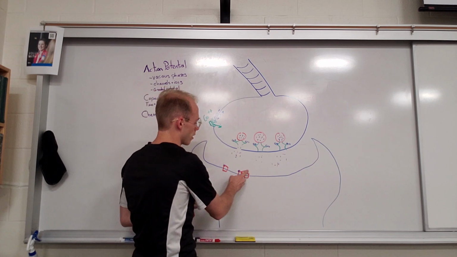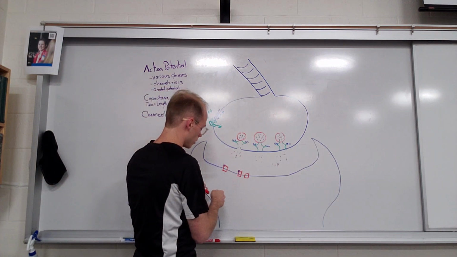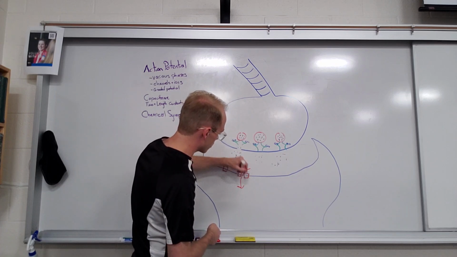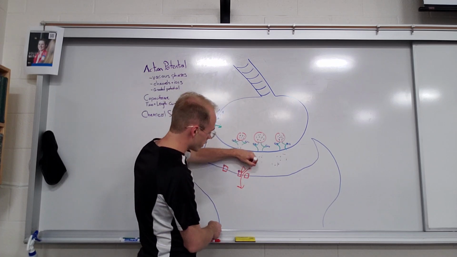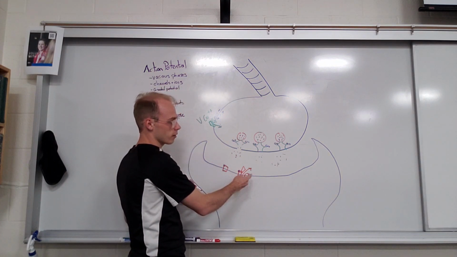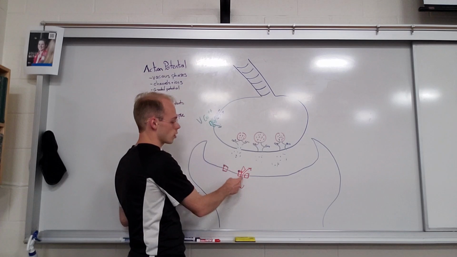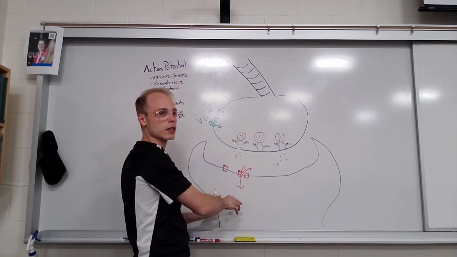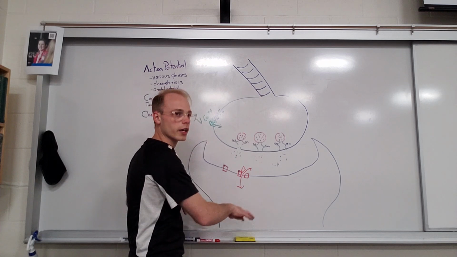Ionotropic just means it opens some kind of ion gate and allows some ion to come in or potentially go out. So say this is a sodium channel. If this opens, it will allow sodium to rush in and then do its action potential thing.